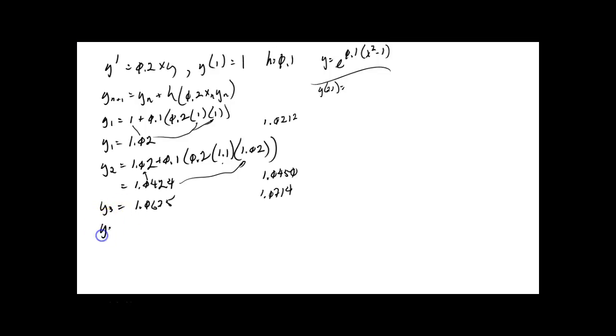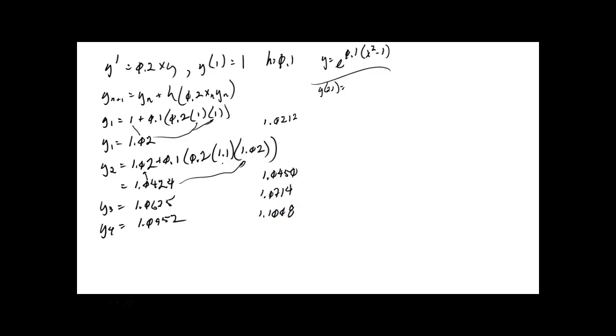So your y sub 4, when you do that same thing, you get 1.0952, but your actual value is 1.1008.